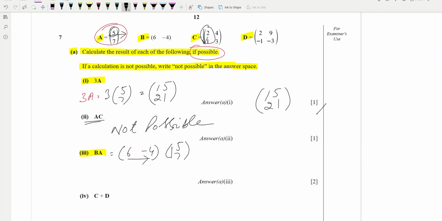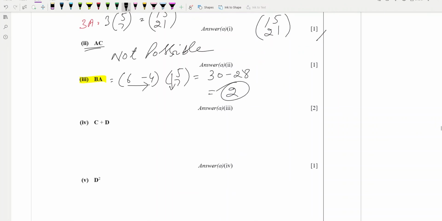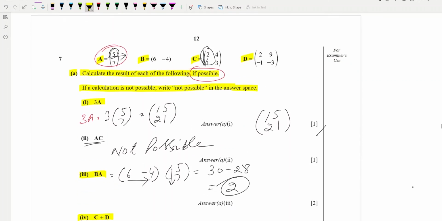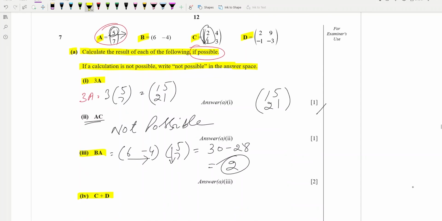So first row, first column, and this will be equal to 30 minus 28, which is equal to 2. So we can write the answer as 2, over here too, so that it is not confused with the previous part. And the fourth part, C plus D. We have to add C plus D. So C is 2413.